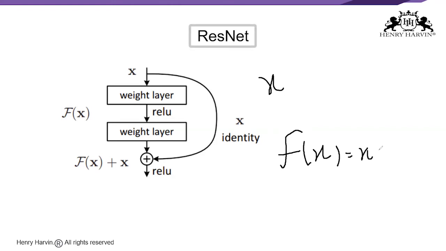So here we may need another identity matrix over here, and another identity matrix over here.